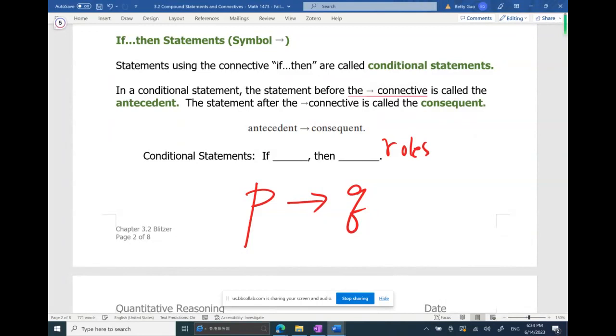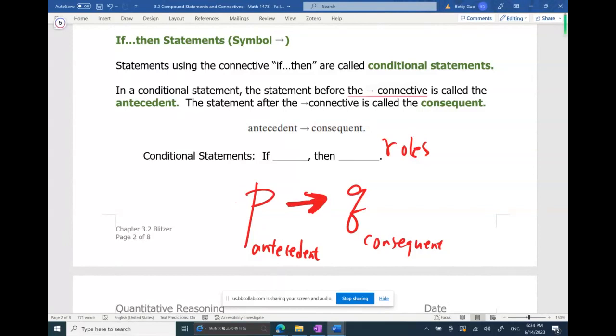What we need to remember is the component in front of the symbol is the antecedent. And the component behind the symbol is called a consequent. As you can see, the symbol goes from P to Q, like leads to Q, right? So Q is the consequent, very intuitive, and P is the antecedent.